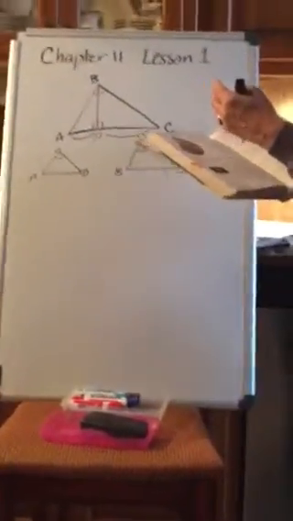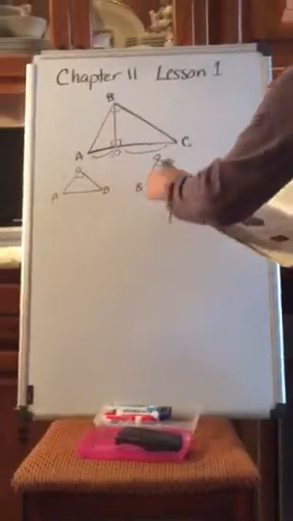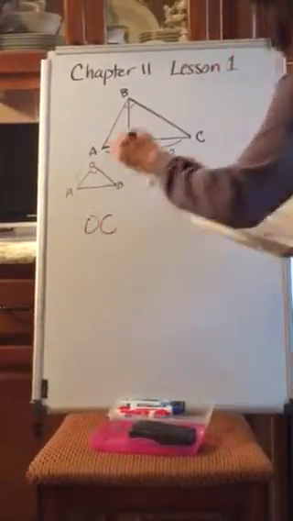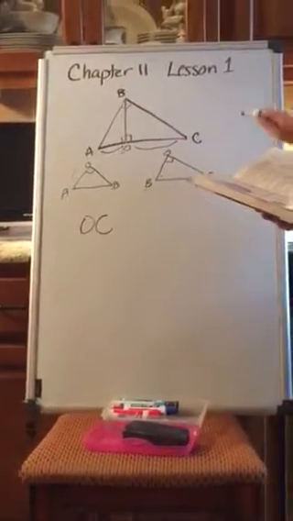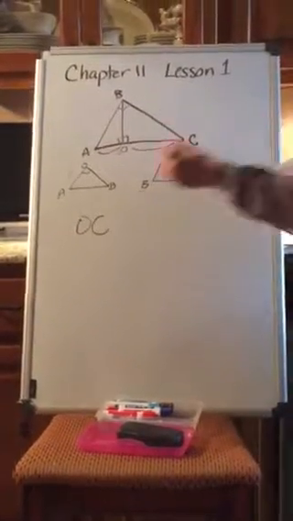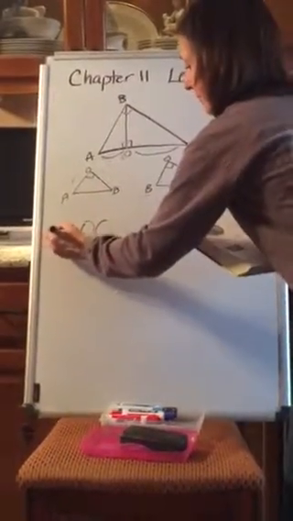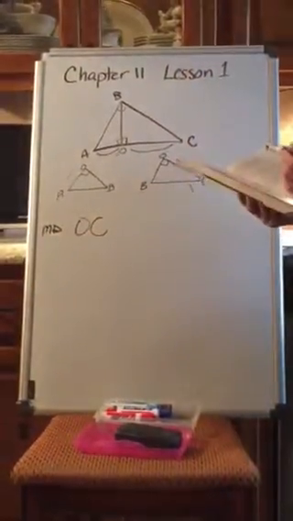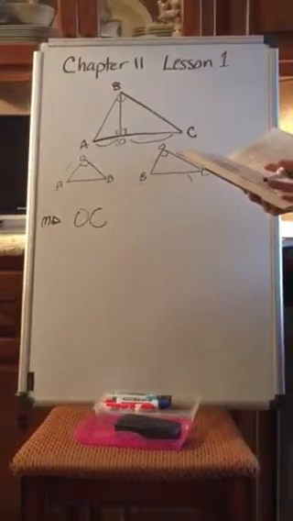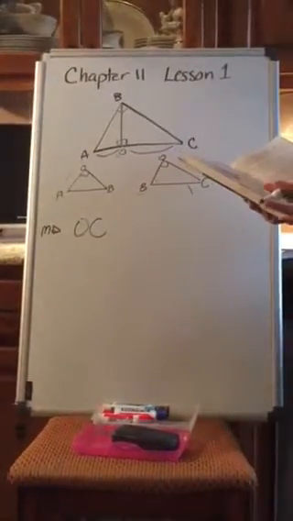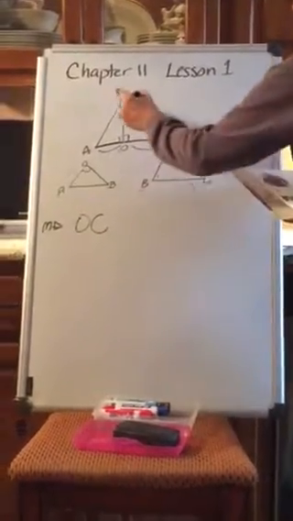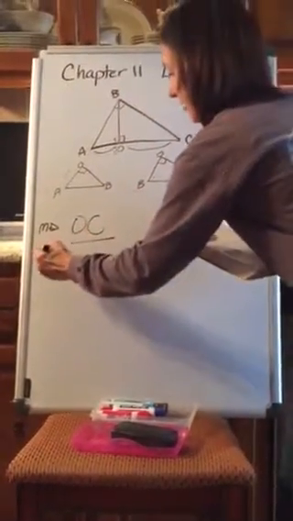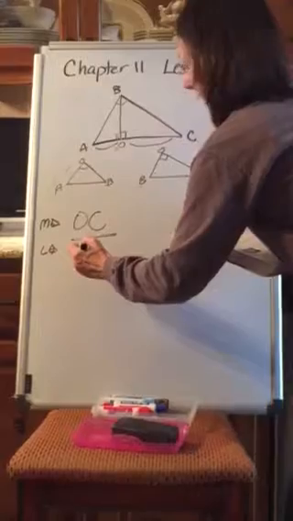If we're talking OC in this triangle, we'll call that the medium triangle, M triangle. OC is the longest leg, and what is its corresponding side in the larger one? In the big one it's BC. This is the largest triangle.